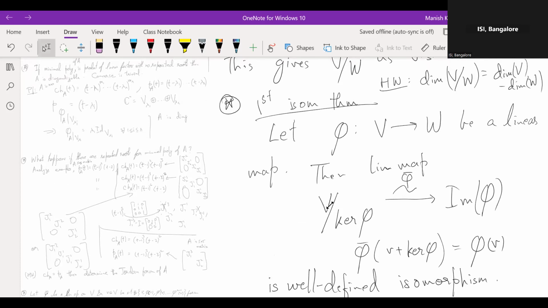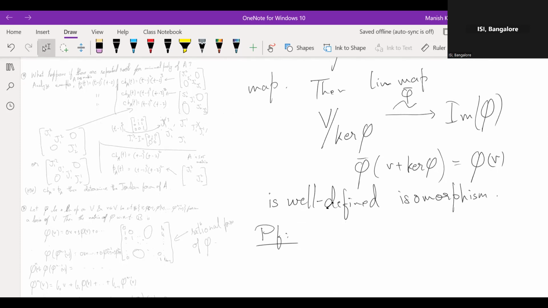So phi is a linear map between two vector spaces V and W. Yeah, and we are saying that the map phi bar is a linear map and it's an isomorphism from V mod kernel phi. So let's just see that it's well defined first, so that we have a map, and then we will see that it's linear and it's an isomorphism.